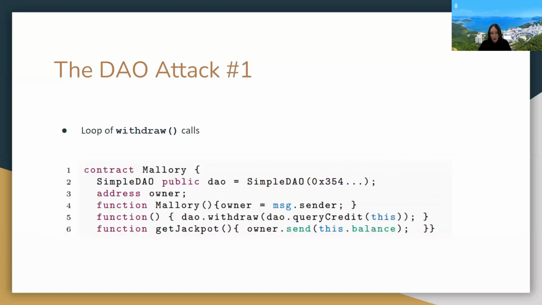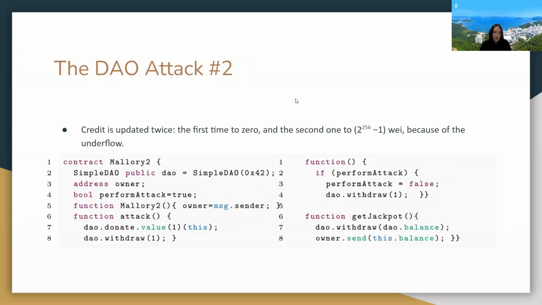This is the first attack, and the second attack uses the underflow. Let's consider another malicious contract, Mallory 2. Here we have the attack function. It first donates the value of 1 wei to this contract, and then it withdraws 1 wei. What happens?